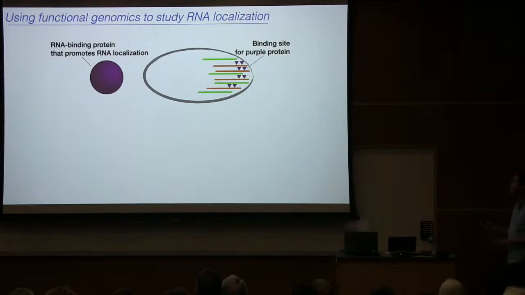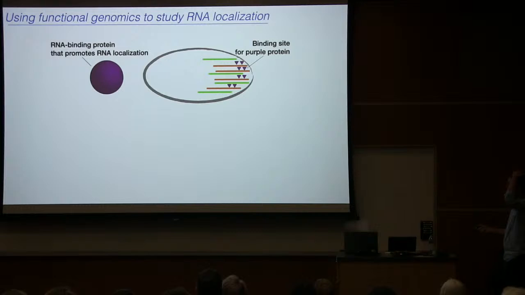Our idea is to isolate all of the RNA from a given subcellular location, in this case the right side of this oval, and then sequence it. By looking at the sequences of those localized RNAs, we ask, do they have common features or common structures that might be behind why they got to that location in the first place?